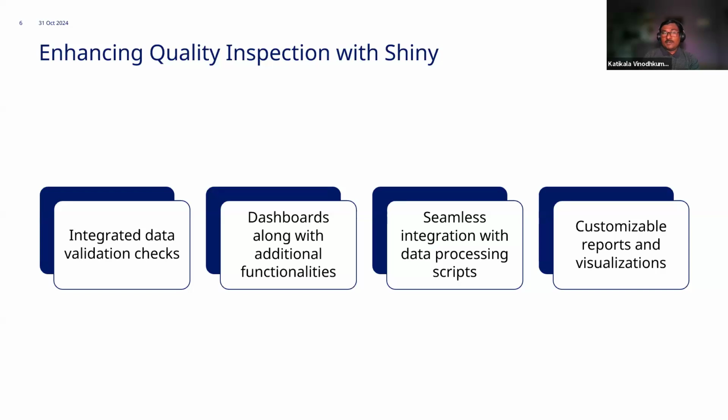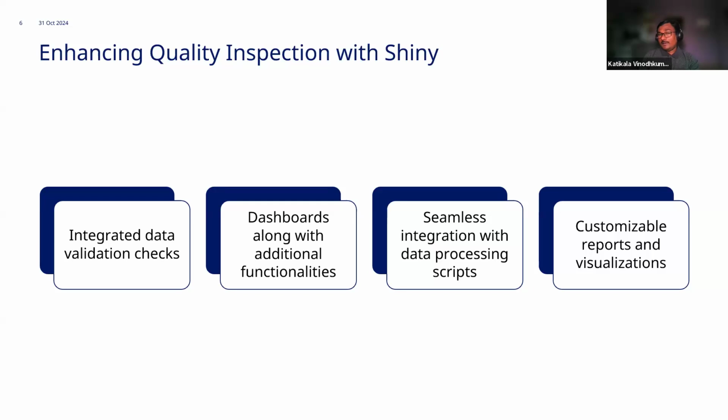Shiny will enhance the quality inspection of clinical programming deliverables by having all the integrated checks. They are automated, and with just one click, the report is generated on the deliverables. Based on whatever checks we integrated, it will run.